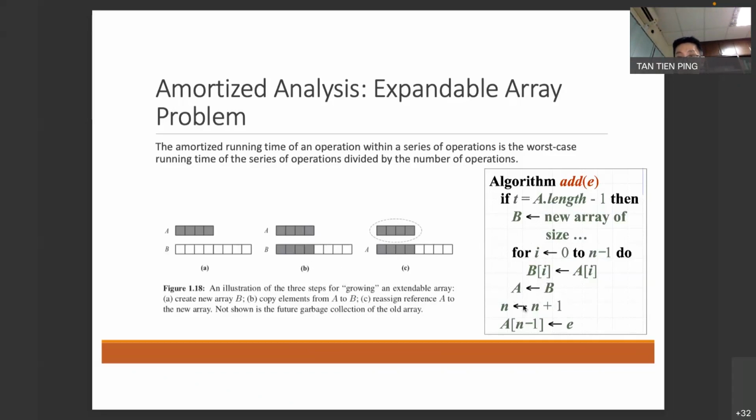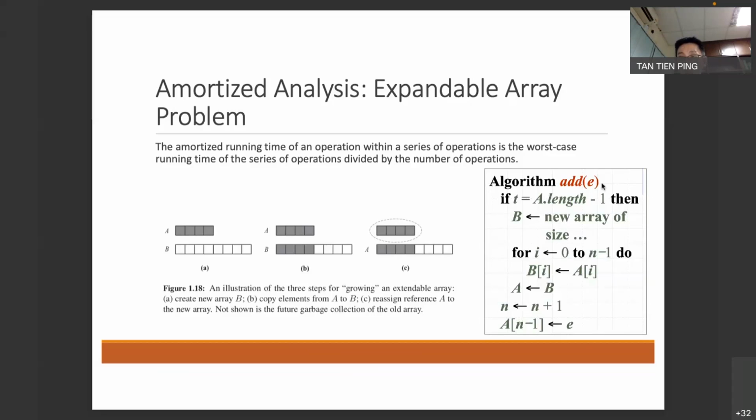After that, we'll continue. If there's a new item to add, then we'll just add it as usual. So if you look at the algorithm, for most of the time, when you are adding something into the array, it takes a constant amount of time, right?